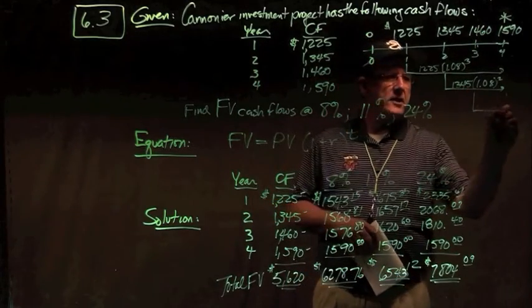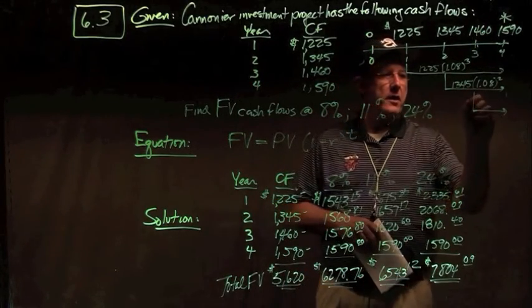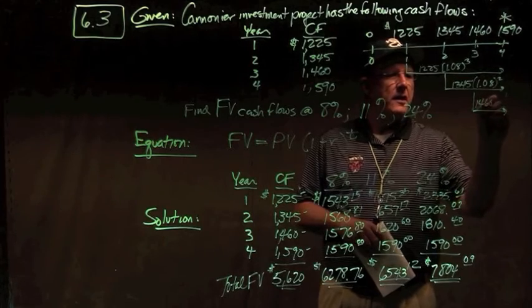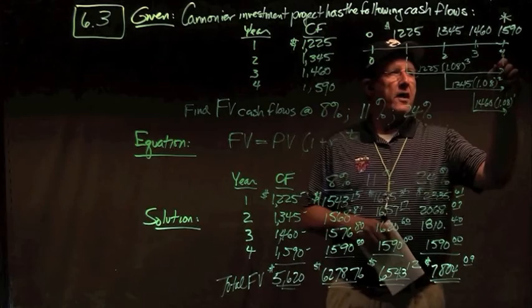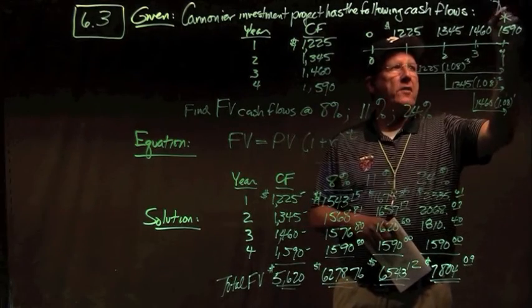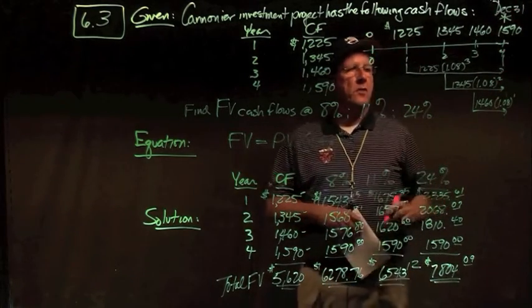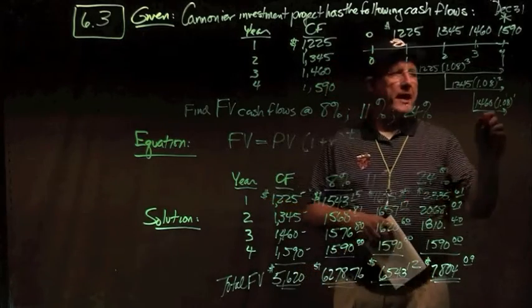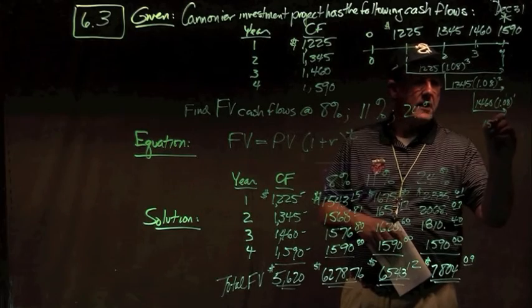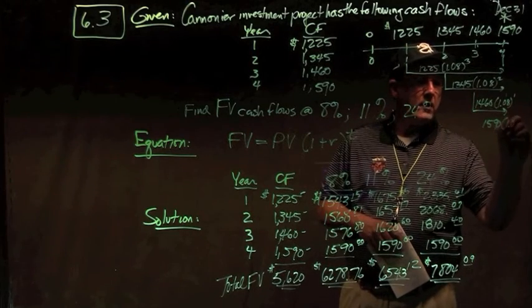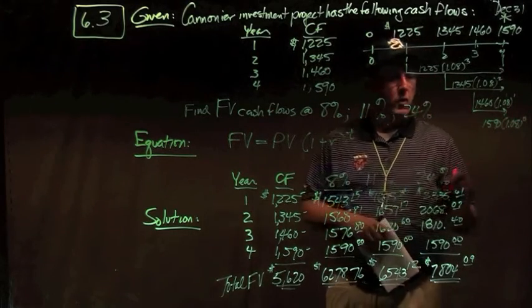The $1,460 will be in the bank only 1 year, $1,460 times 1.08 to the 1st power. And this $1,590 comes in the bank December 31st, so it's not in the bank any years. I'm going to take this $1,590 times 1.08 to the 0 power, or 1.